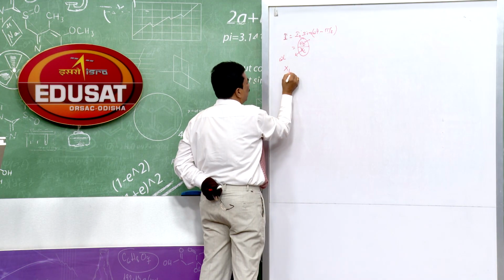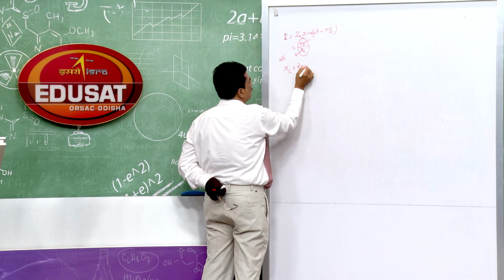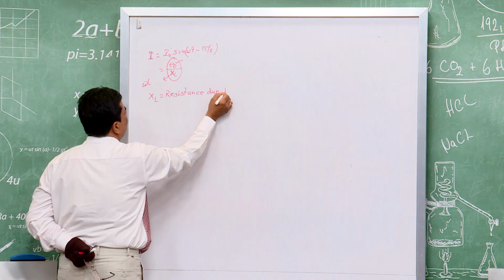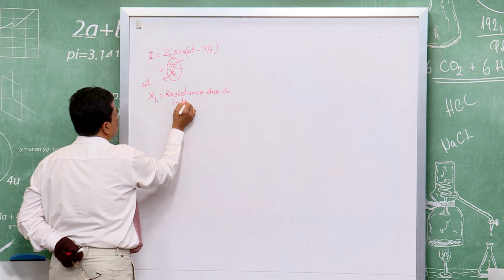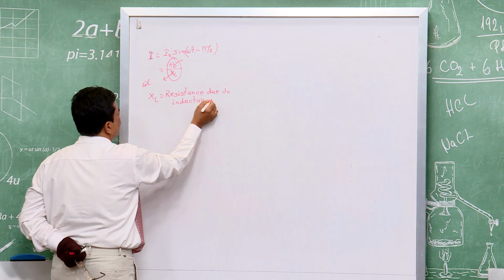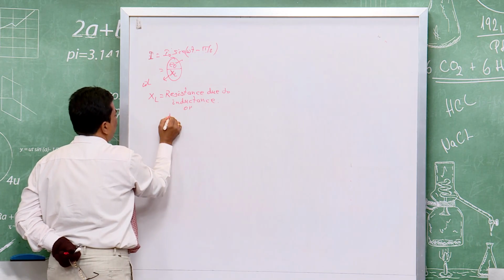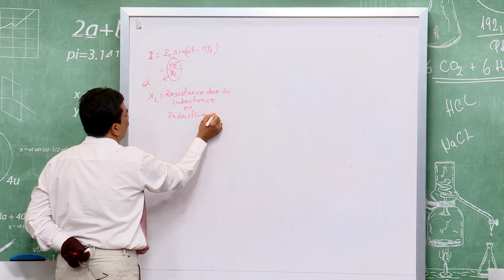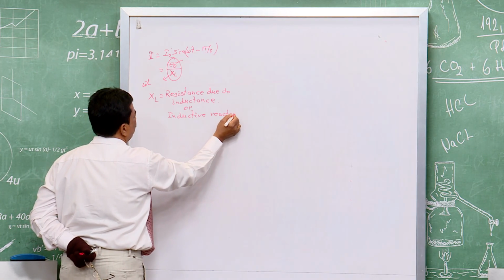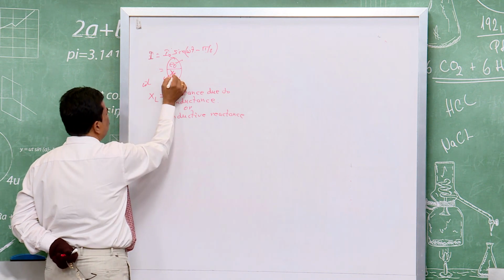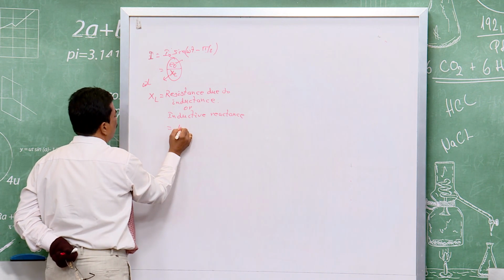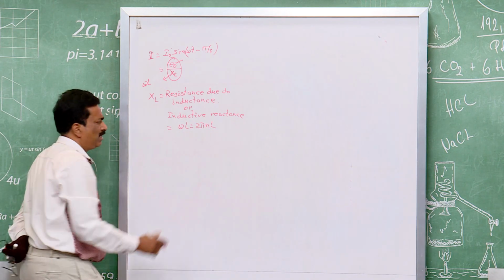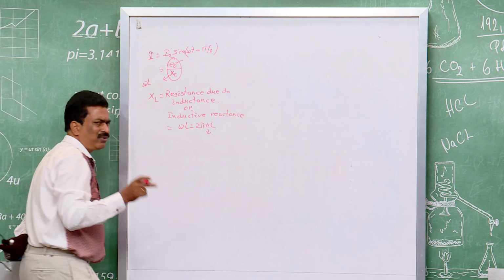This XL is a resistance. It is the resistance due to inductance, or inductive reactance, and it is nothing but XL equals omega L. Omega is equal to 2 pi n, so XL is 2 pi n L. This n I have taken for the frequency.